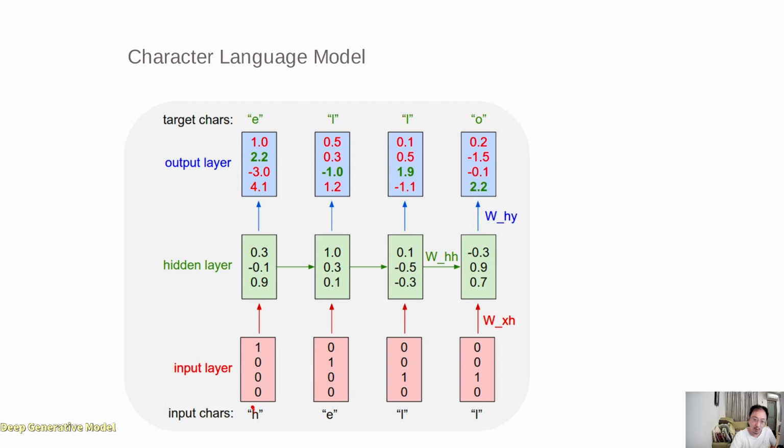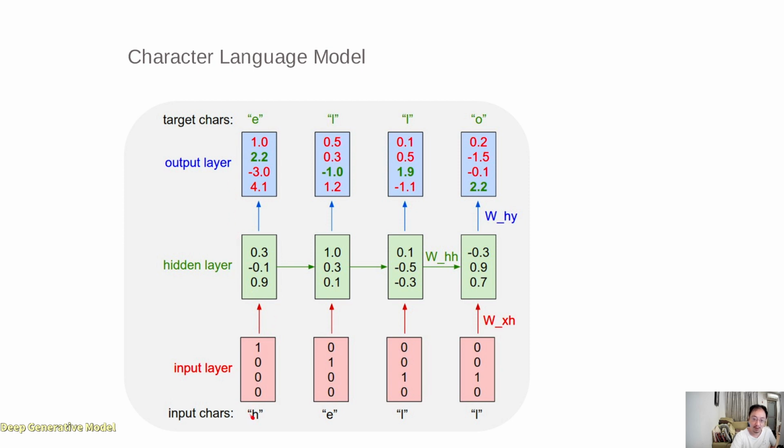For example, we can consider x1, x2, x3, x4, each one as a character. If the first character is H, when training, we wish it to output an E, because our training data is hello. There's an O here, so obviously it is not meant to be hell. It is hello. So hello is our training data.